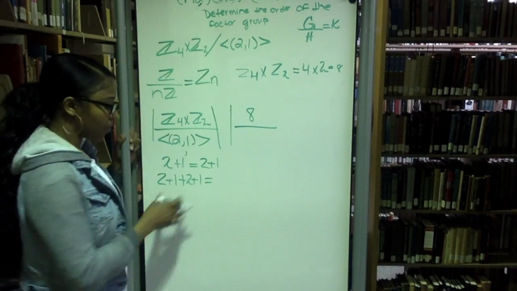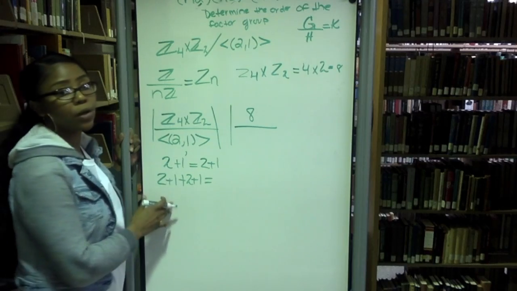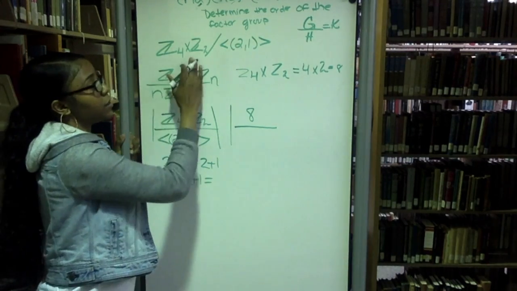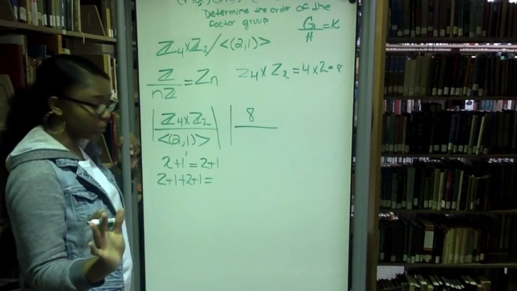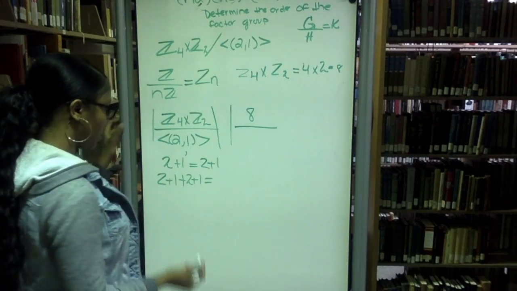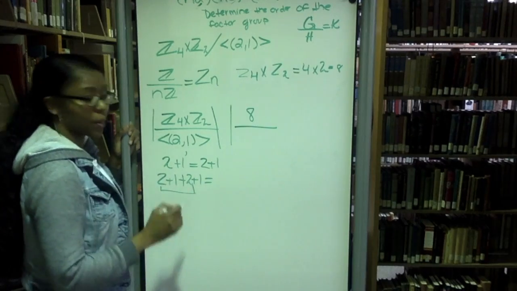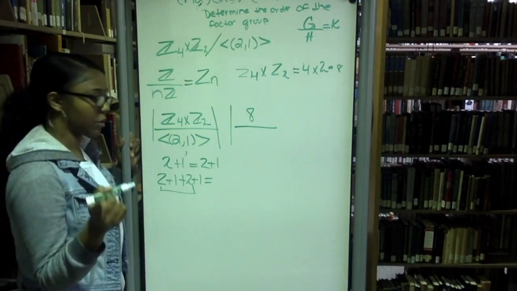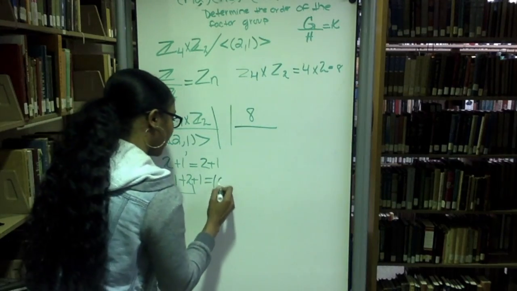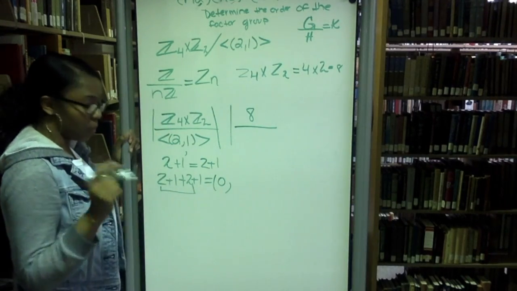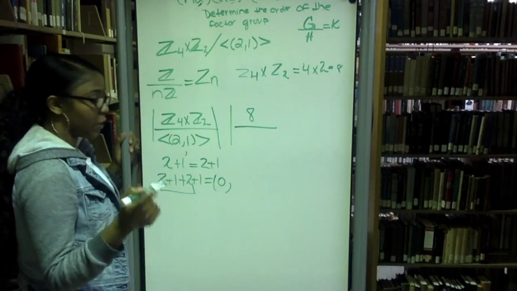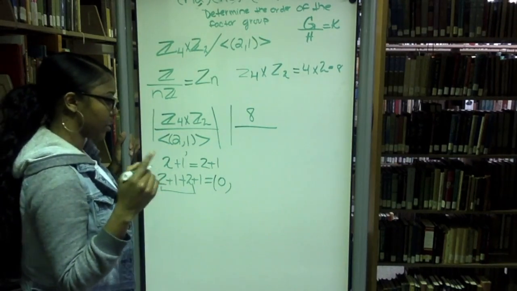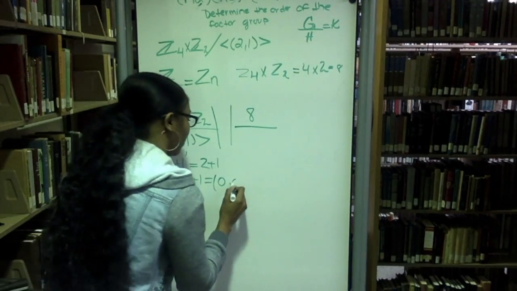Alright, keep in mind before we add, we need to note that we're looking at Z mod 4 and Z mod 2 when we're adding them. So when we add the first part, 2 plus 2 in mod 4 is going to give us 4 minus 4. And then 1 plus 1 is equal to 2, but since we're in mod 2, we're going to subtract 2, which is going to give us 0.